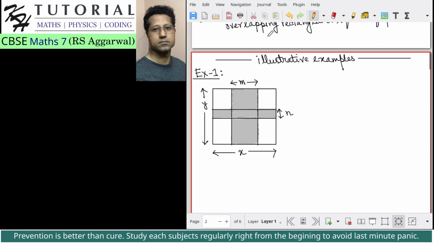One more thing, whenever you are given a shaded region, sometimes it is better to draw a rectangle so that the entire shaded region will be inside that rectangle.